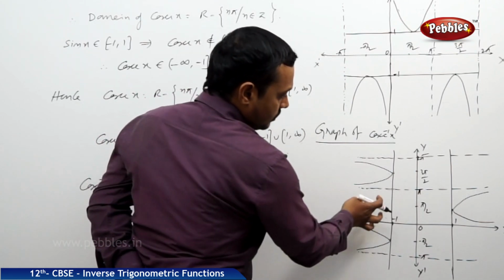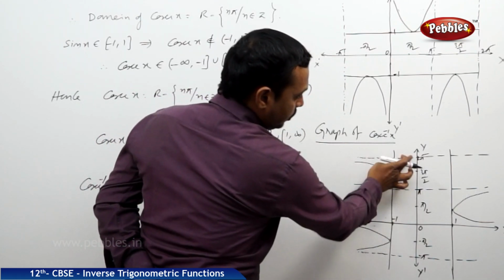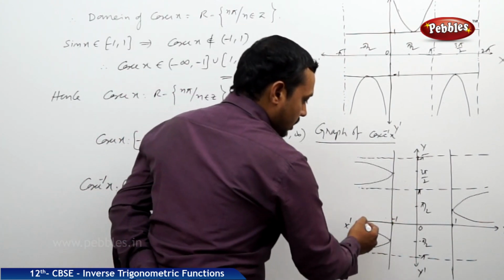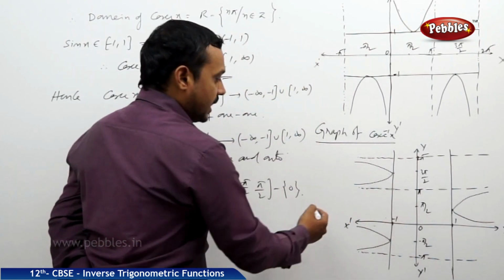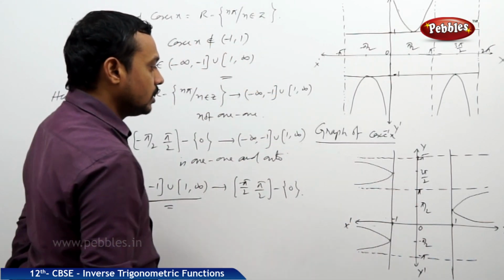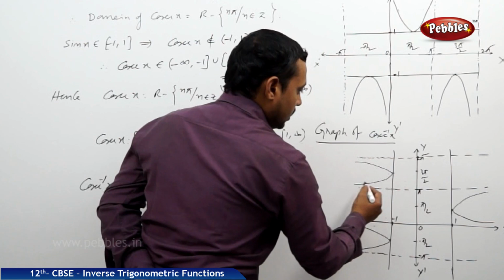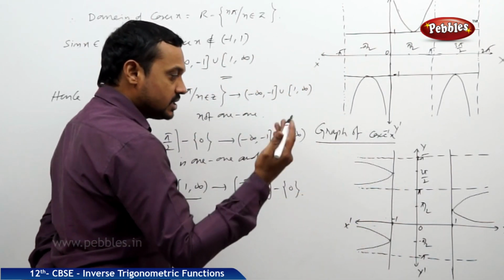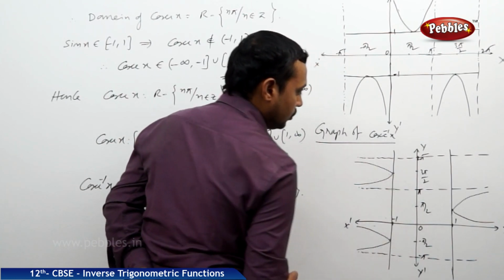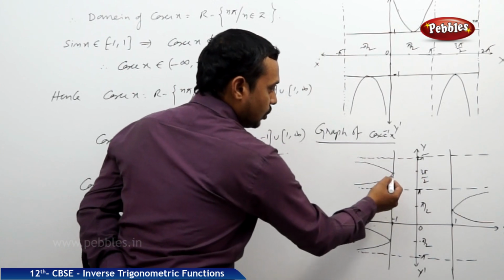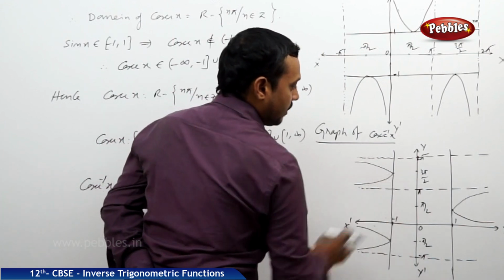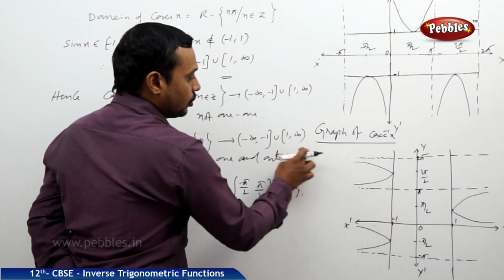Similarly, in the interval pi to 2 pi, if we take the values from minus infinity to minus 1, the cosecant inverse of minus infinity is equal to pi, because cosecant pi is tending to infinity, and it gets the maximum value minus 1 at minus 3 pi by 2, and again it is going to minus infinity.